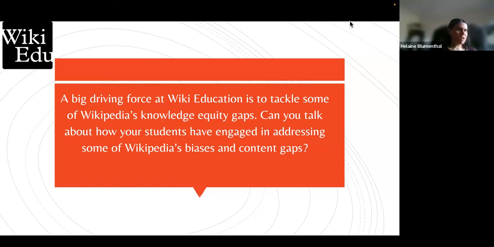Again, this is an area where students can really have a big impact. It's a hard area too, because the very rules around sourcing on Wikipedia often reinforce a lot of the biases, and that keeps a lot of this knowledge out. But that's why we have you work with us, and we help you strategize around those policies.